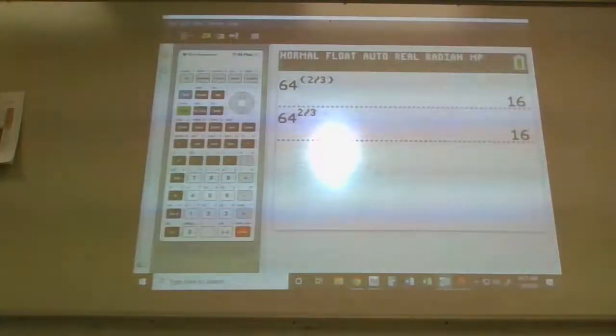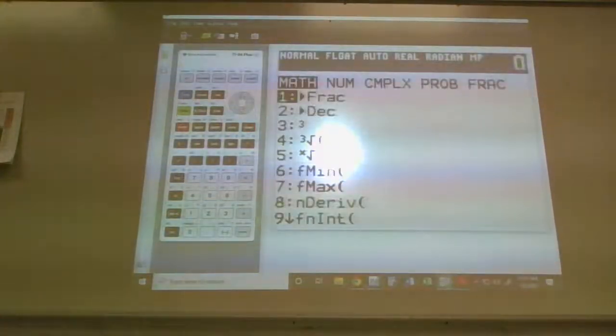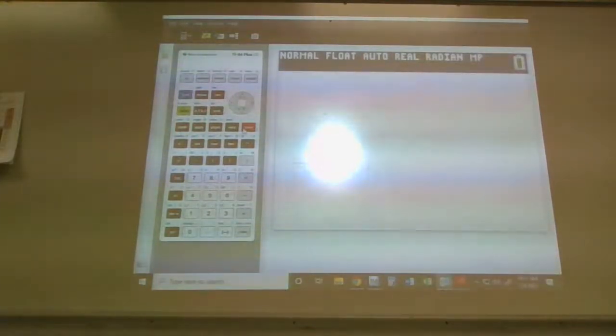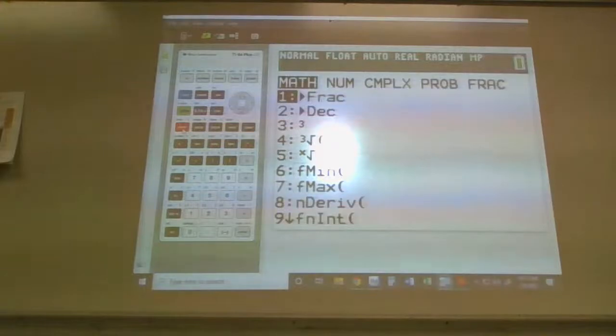Let me go back to my calculator ever so slightly. Check this out. Go back to your calculator as well. You'll like this. On the far left column of your calculators, there is a button called Math. Let's all hit that. Math.